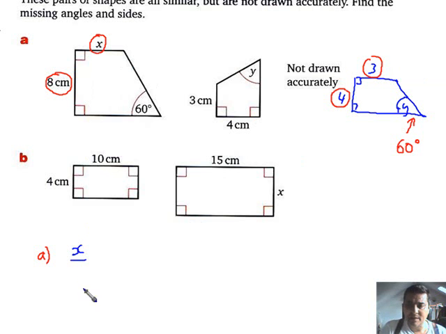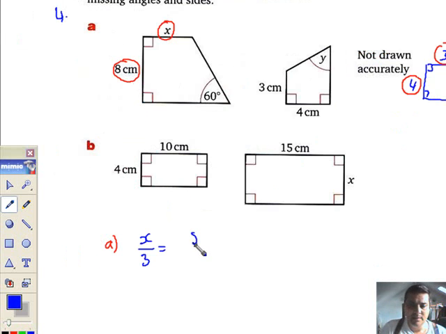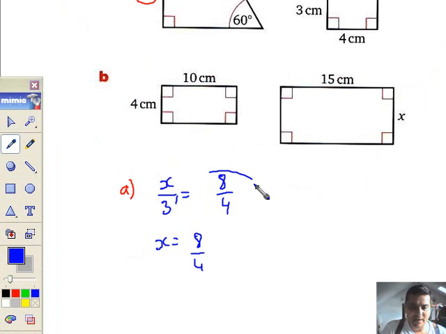So X divided by 3 is exactly the same as saying 8 divided by his corresponding length on the smaller shape, 4. So I've set up a little ratio, if you like. So X divided by 3 is the same as saying 8 divided by 4. So X is going to be 8 divided by 4, take over 3 and multiply. That's what we do. And multiply by 3.